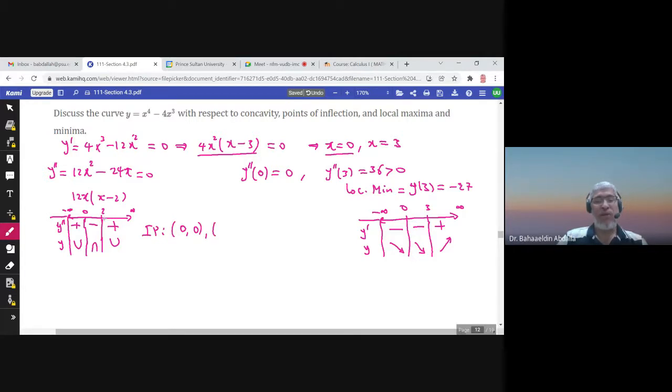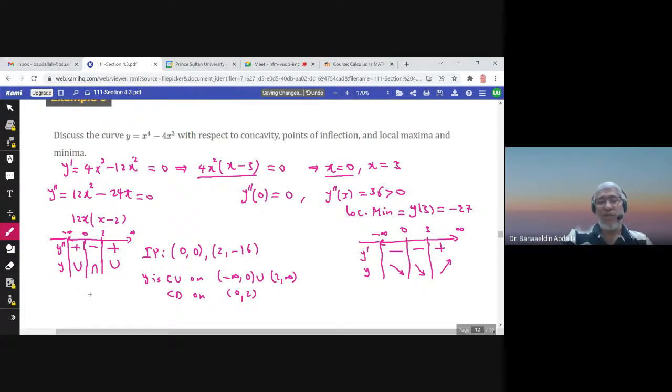And also at 2, and y at 2 is 2 to the power 4 minus 4 times 2 to the power 3, and that's negative 16. So these 2 points are inflection points, and the function y is concave up from negative infinity to 0, union from 2 to infinity, and concave down from 0 to 2. So by this we answered the question.